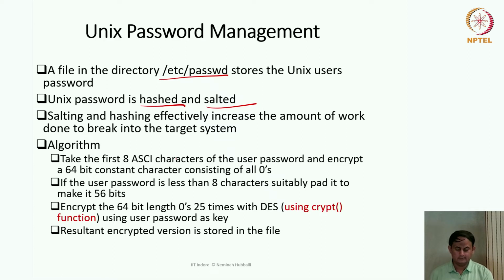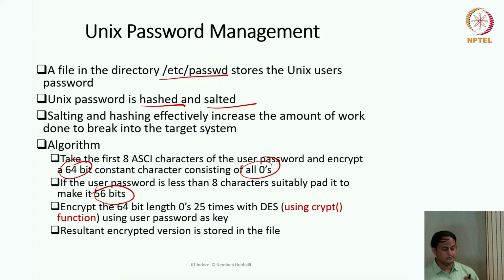You take the 8-character ASCII values, all password zeros, and then encrypt that with a key generated from the user password. Remember, the user password is used as a key. That key is 56 bits in length, and the input is all zeros, 64 bits.